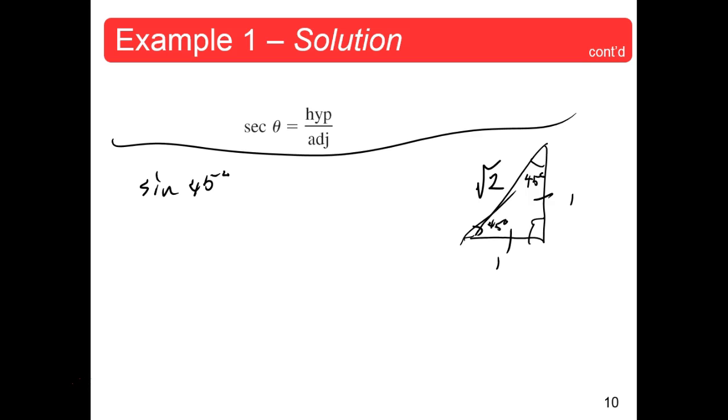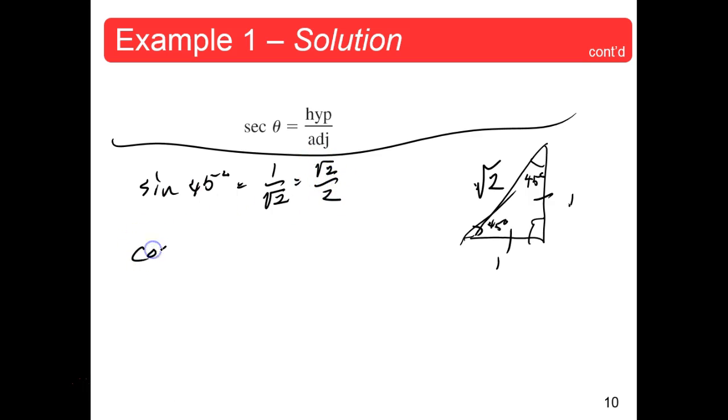So the sine of 45 is opposite over hypotenuse. What would that be? 1 over root 2. And if you don't like root 2 in the denominator, you could write it as root 2 over 2.